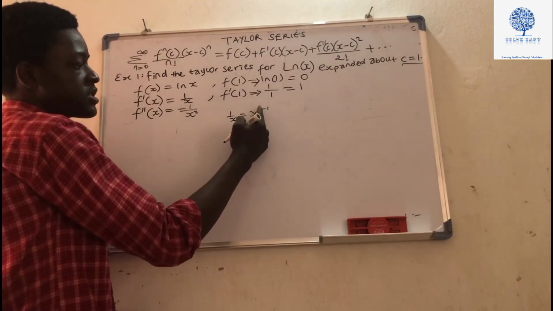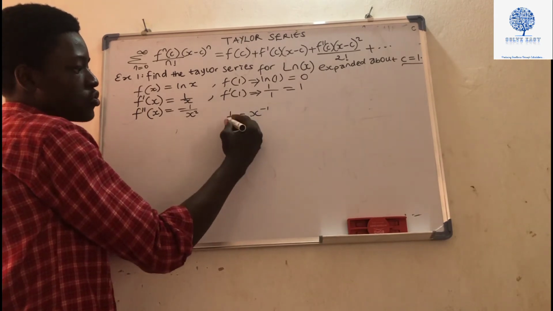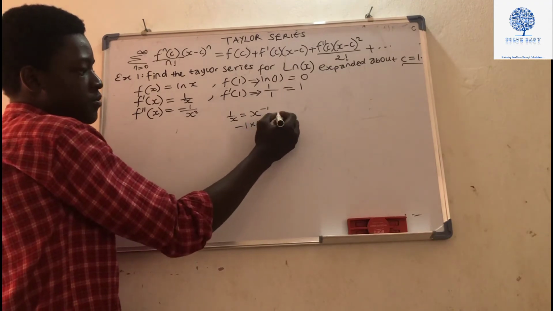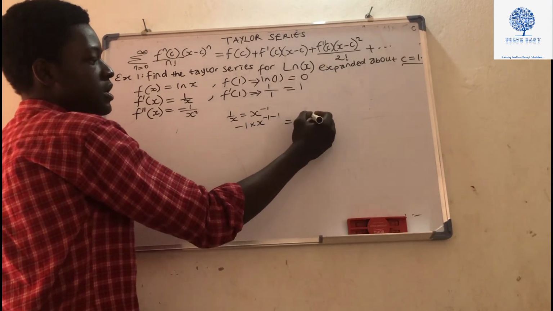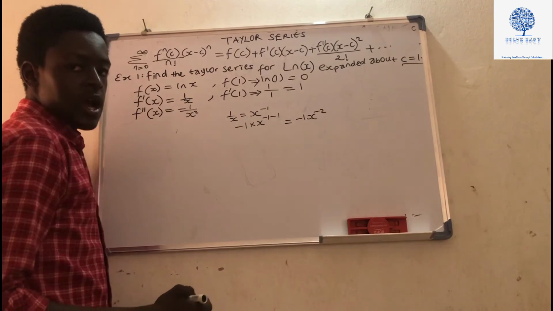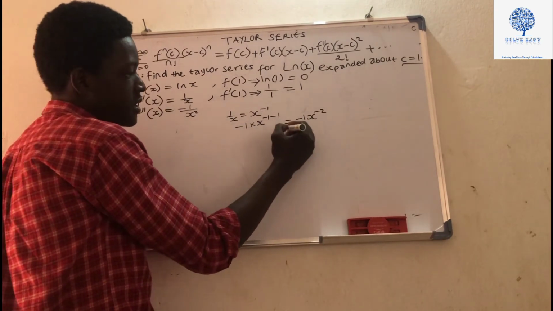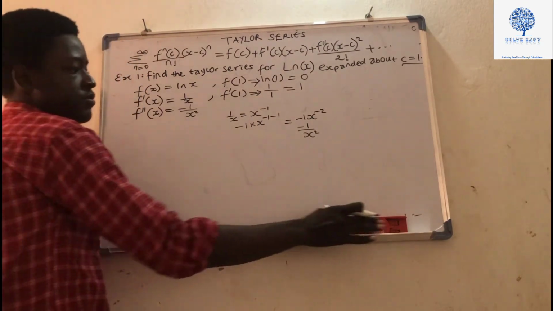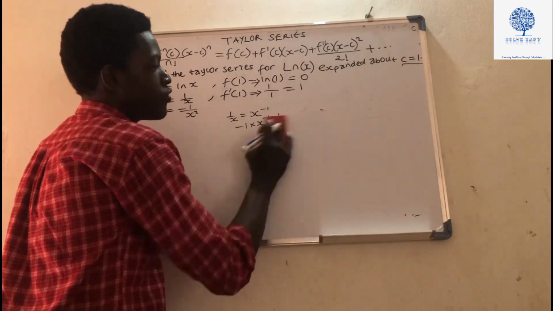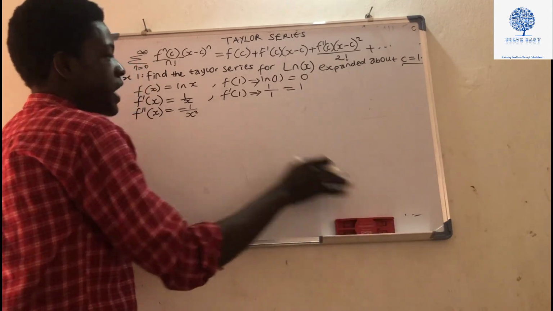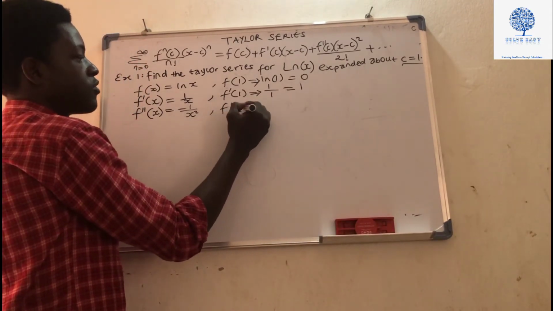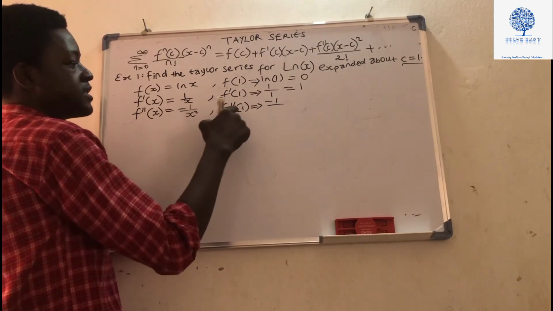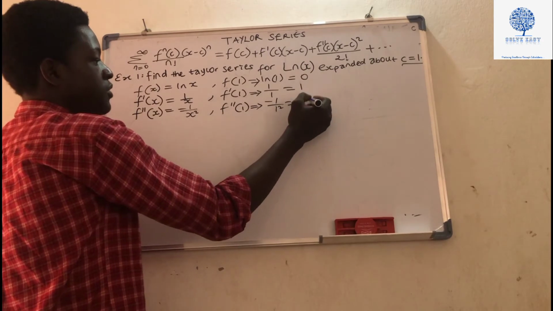And differentiating this, we say minus 1 multiplies x to the power of minus 1, and then we subtract 1 from the power, which gives us minus 1 x to the power of minus 2, and all this together gives us minus 1 over x squared, which is the same as the initial thing we had. So moving on, we put our c equals 1. This implies that minus 1 over our x, which is 1, squared is equal to minus 1.